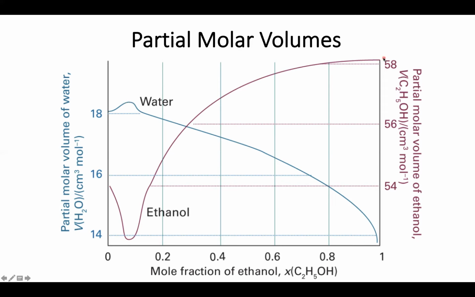And you see a very similar trend, except in the reverse direction, when you're looking at the partial molar volume of ethanol, with the notable exception that now the ethanol occupies a much smaller portion of the volume than you would naturally expect if the two ratios were essentially fixed.